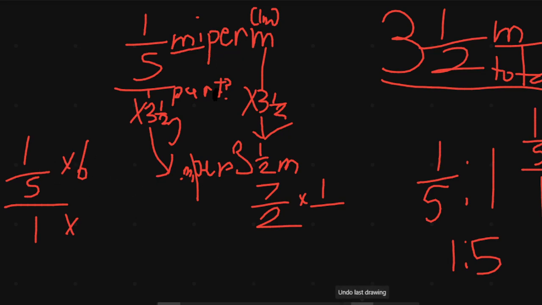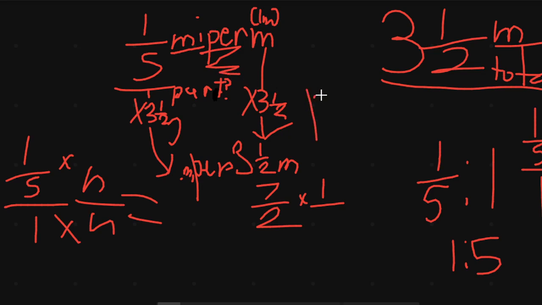Actually, hold on. Times any n over n equals something equivalent to 1/5 over 1, which is just 1/5. We should all know that. That is a ratio.